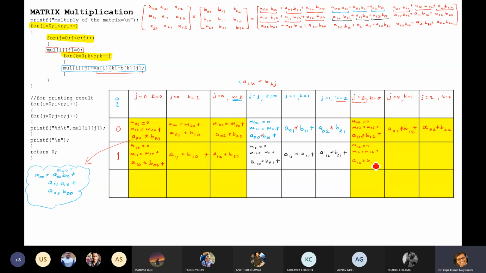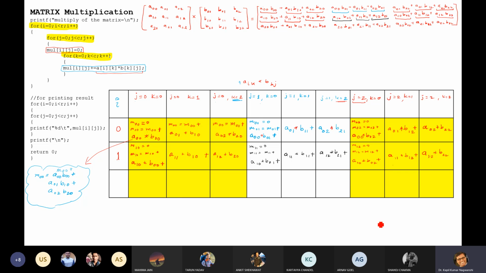So this is our next term, plus a, I is 1, k is also 1, multiplied by b kj 1, 2. So this is our next term. Okay, then plus a, I is 1, k is 2, multiplied by b 2, 2, k and j. So this is our next term.